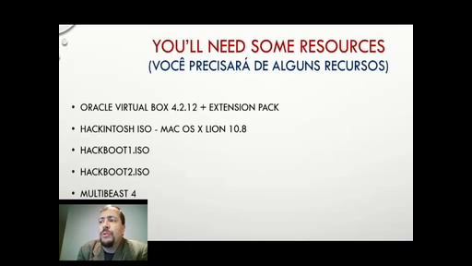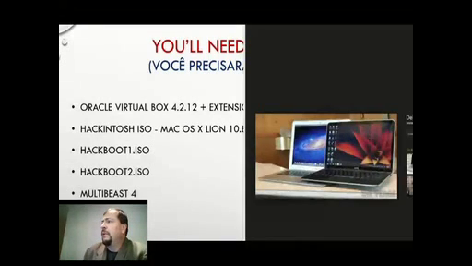You will also need two little ISO images for booting. It's Hackboot 1 and Hackboot 2. And when we finish installing macOS, you will need the MultiBeast for the last adjustments.